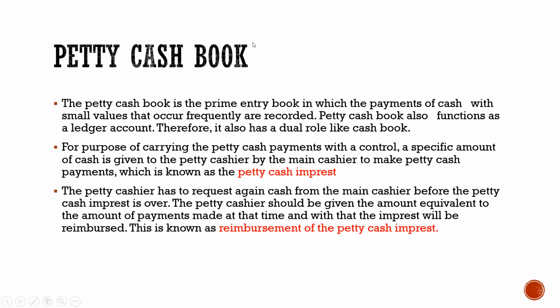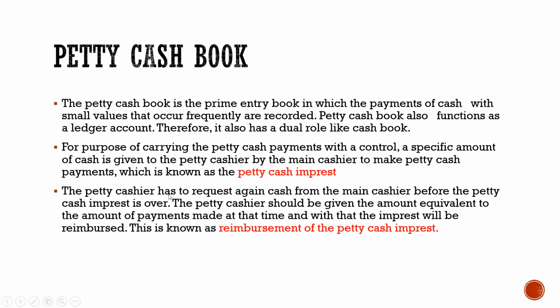Later on, imagine he has 200 rupees remaining. Then the 9,800 will be filled back to the petty cashier at the end of the month. That 9,800 is called a reimbursement, right?